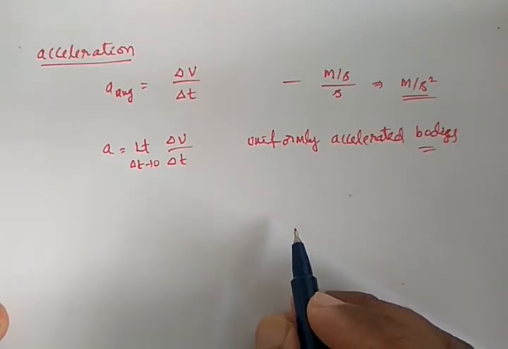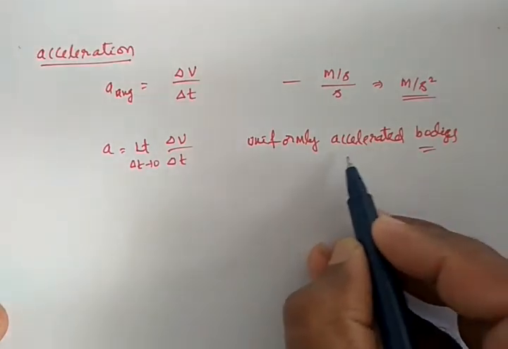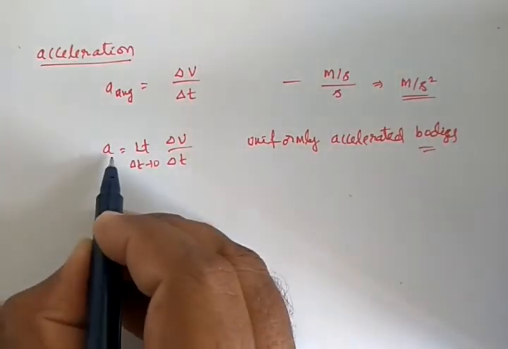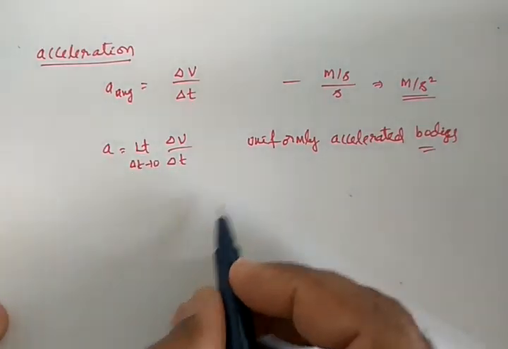We don't take non-uniformly accelerated bodies. In case of uniform acceleration, your instantaneous and average accelerations will be the same.